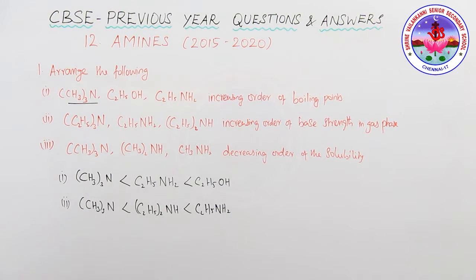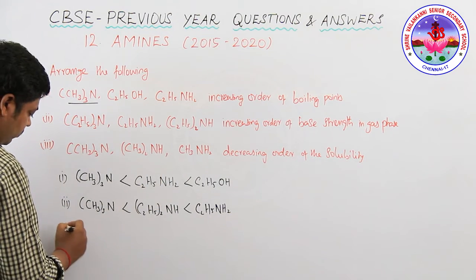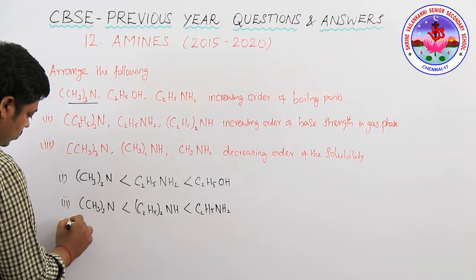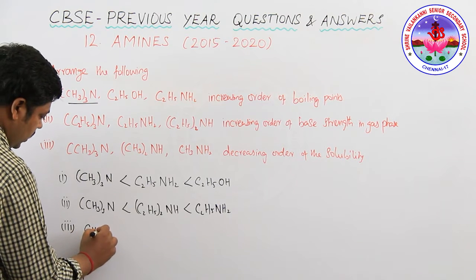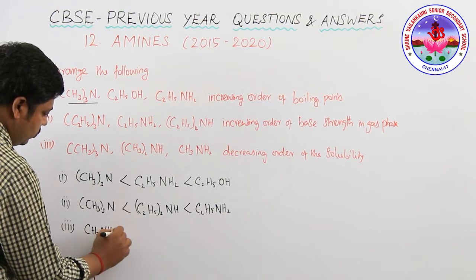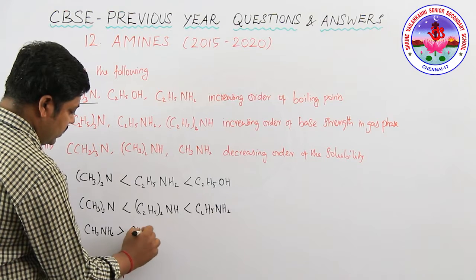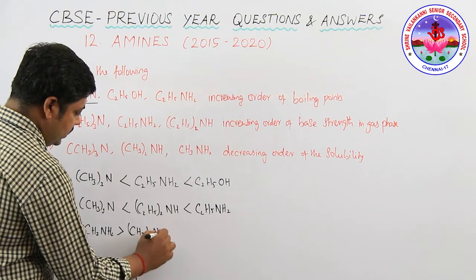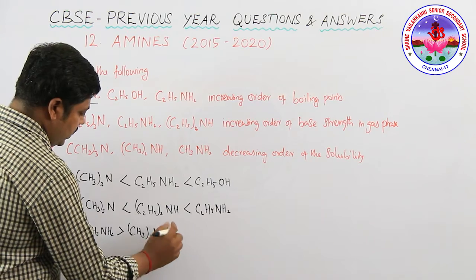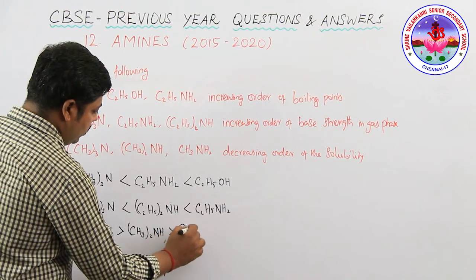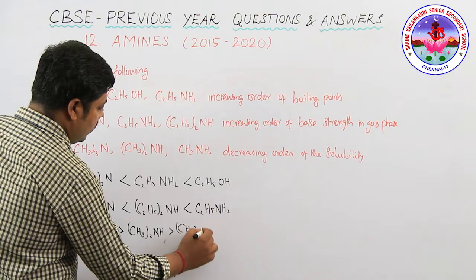Then finally the decreasing order of solubility. Here also the primary amine, secondary amine and tertiary amine are given. Decreasing order means first the primary amine, CH3NH2, then the secondary amine, (CH3)2NH, then (CH3)3N.